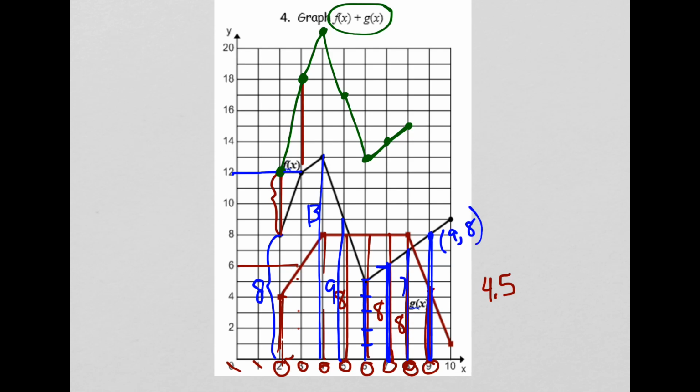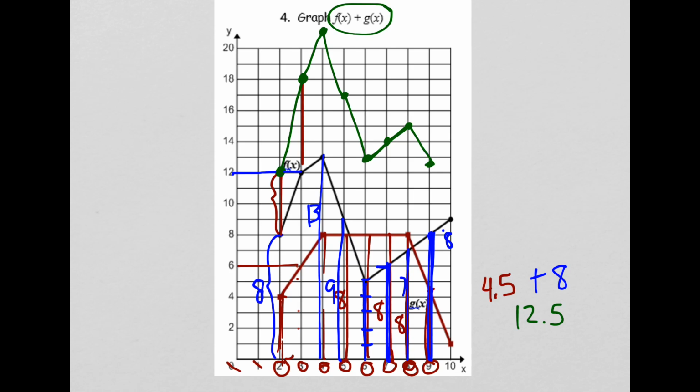That's the location right there. But I'm only interested in the y value, in how high that is right now. So I'm just going to think of it as 8 because I'm trying to add these two together. So 4.5 plus 8 is 12.5. And so my new function would be at 12.5 right there.